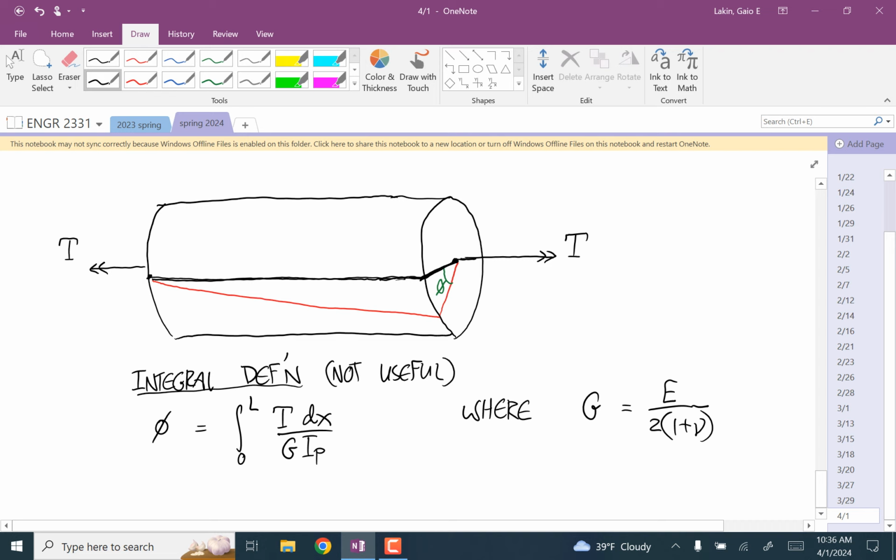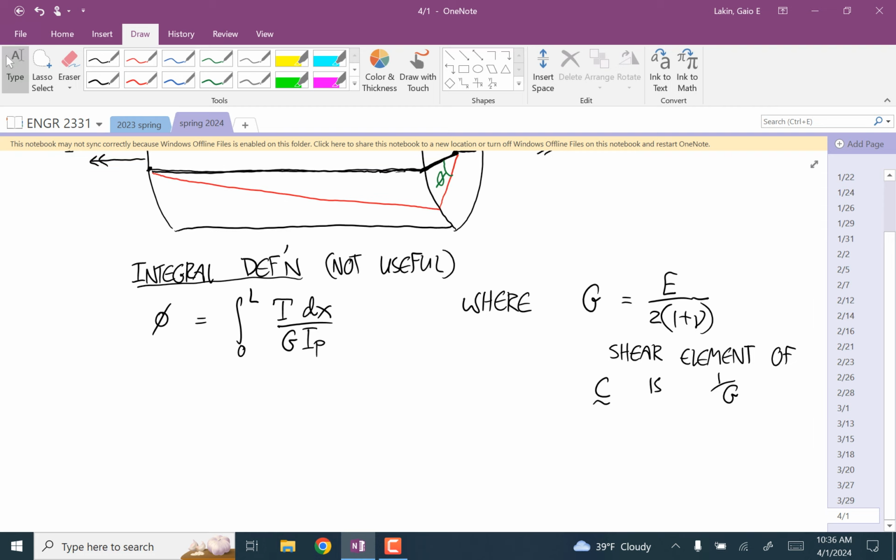If you think of the shear element of the compliance matrix, it's the reciprocal of that. And so the shear element of the compliance matrix is 1 over this G. So you can think of that as the shear version of the stiffness. Okay.